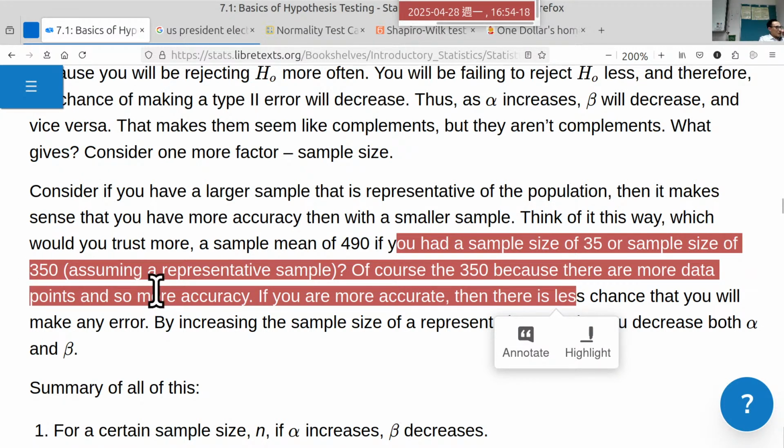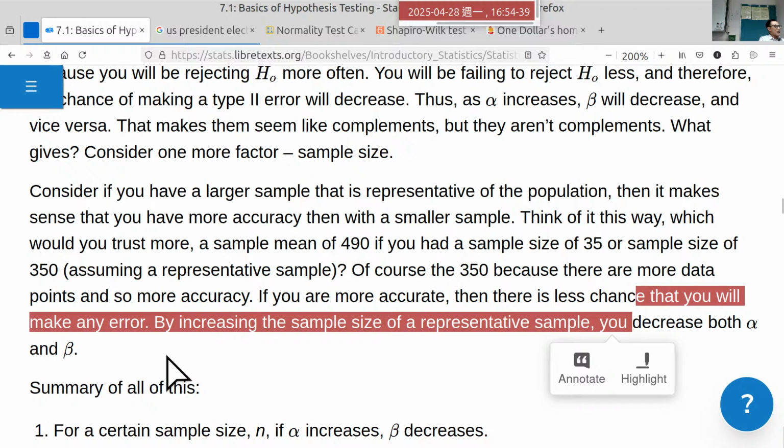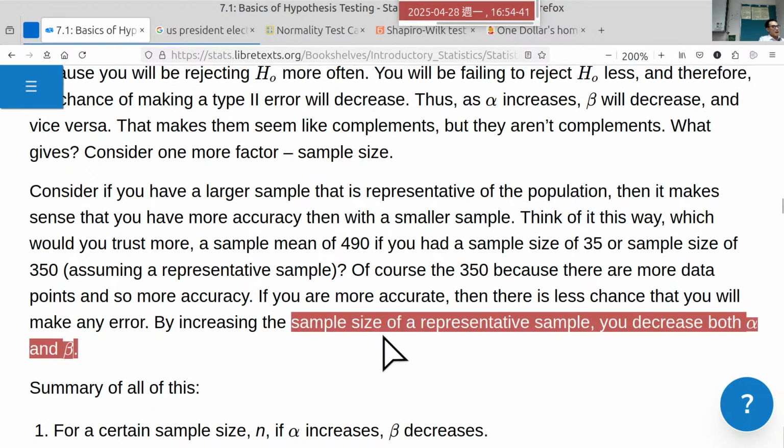Assuming a representative sample, of course, the 350 is more accurate because there are more data points. If you are more accurate, then there is less chance you will make any error. By increasing the sample size with a representative sample, you decrease both alpha and beta.